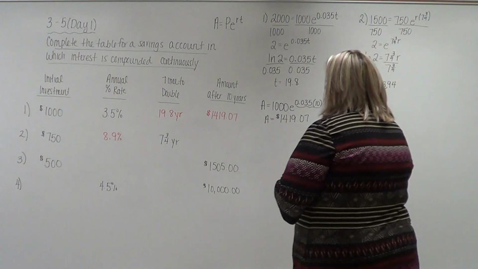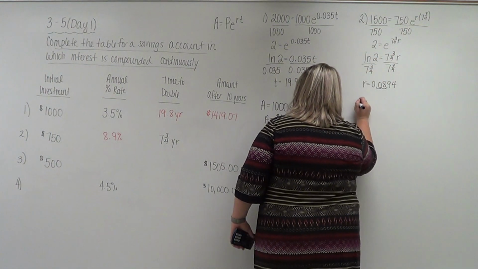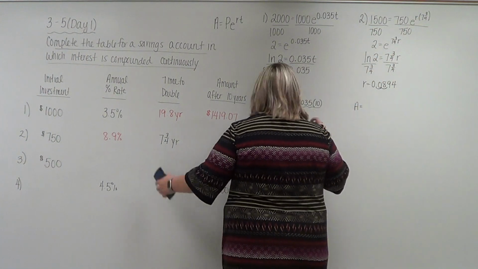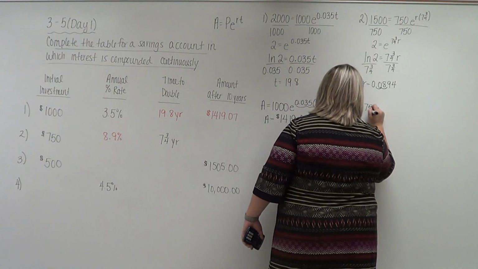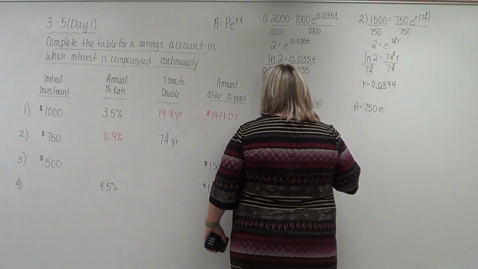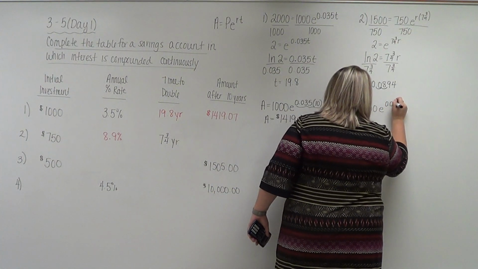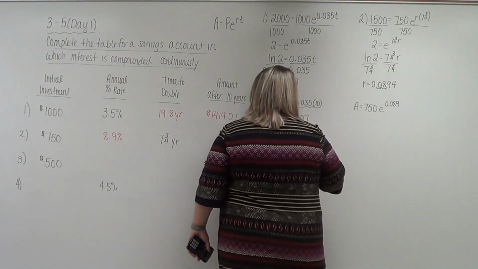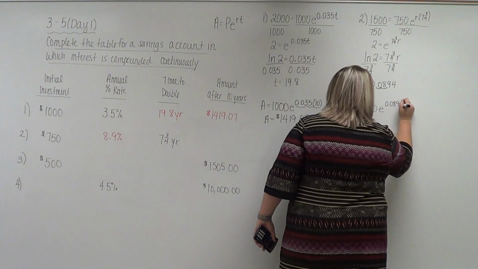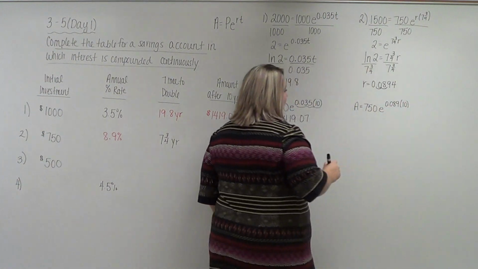Okay, and then to find your amount after 10 years, so I'm finding A. I know my initial amount was 750. I have my e. 8.9% would be 0.089, and then the amount after 10 years, so my t would be 10.